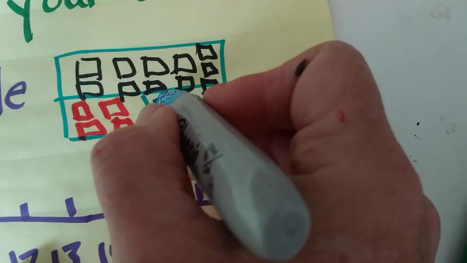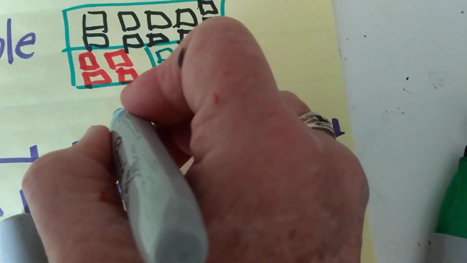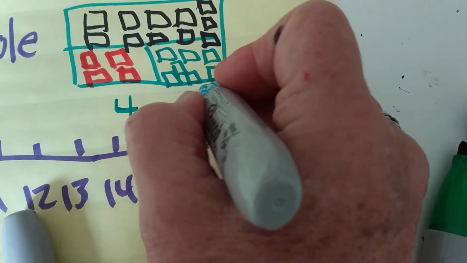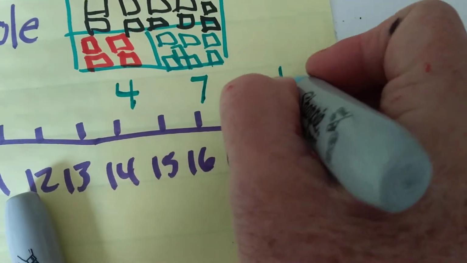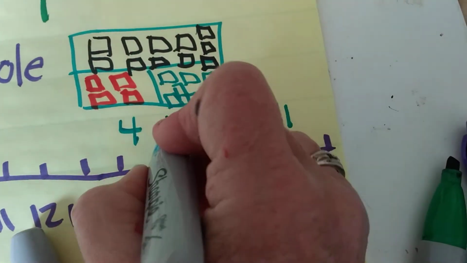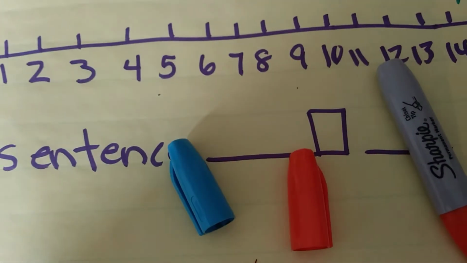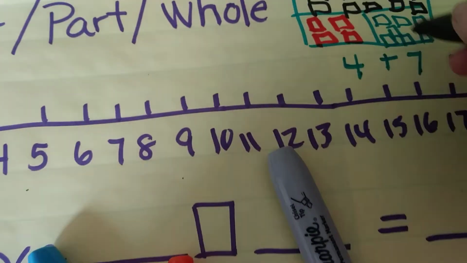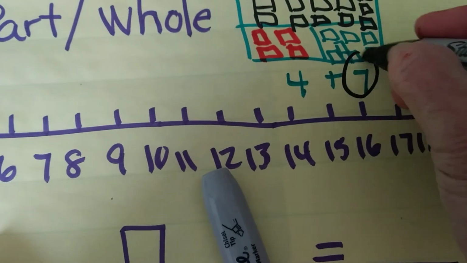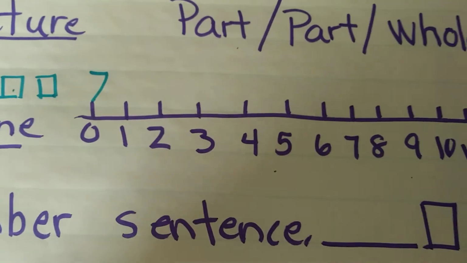Let's see how many we drew. 1, 2, 3, 4, 5, 6, 7. So it looks like 4 and 7 over here gave us 11. I think we had to add. All right, let's go to our number line. They're both the same. So we had 4. Same as over here. I think I'm doing pretty good.